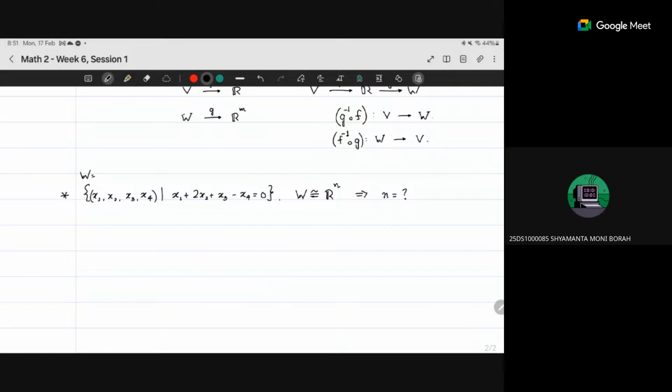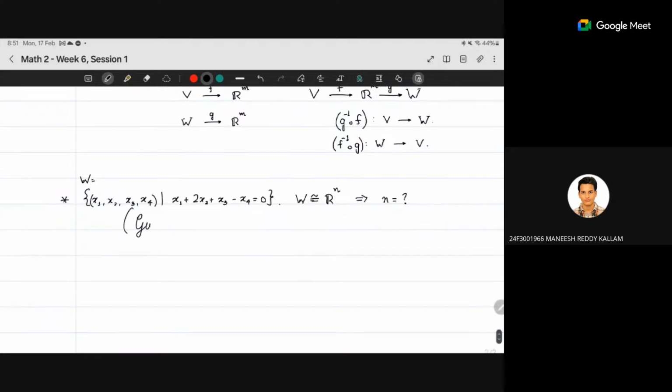What is the n such that W is isomorphic to Rn? There is only one. The guess is that it is 4. Does everyone agree with this?